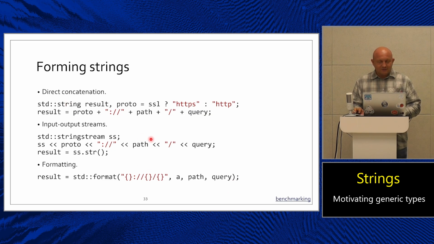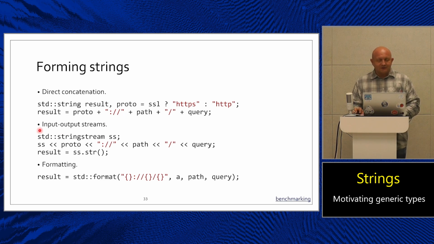We have some string path, some string query, and some string protocol, which can be either HTTPS or HTTP. And then the path, and then the query. And we can do it in 3 variants.